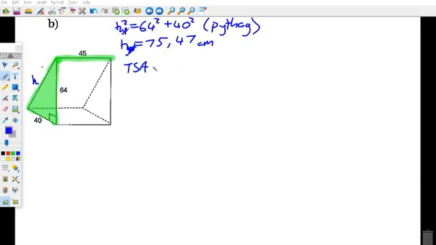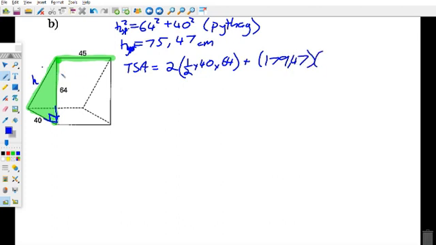So my total surface area is 2 times my base shape, so it's a half times the sides touching the 90 degree, so it's going to be 40 times 64, plus my perimeter, so it's going to be 40 plus 64 plus my 75.47, which is 179.47, and then my height here, 45.